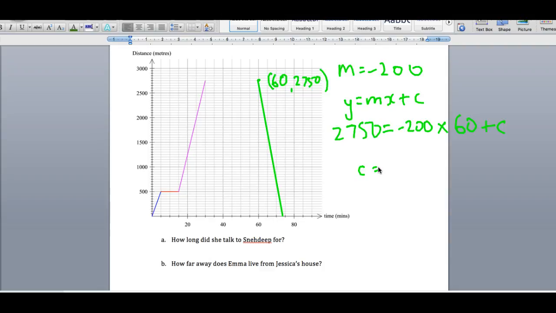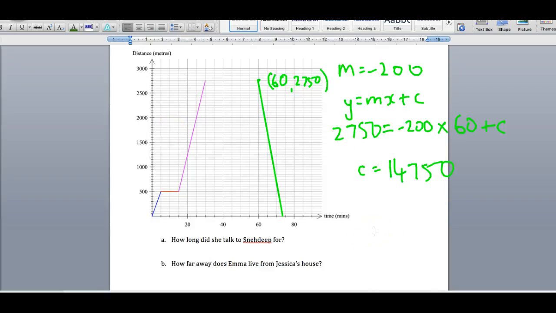Okay. Oh, sorry. Okay, so it's 14750. And I can see that if I look at my graph, it's going to have quite a high y-intercept if this line kept going.